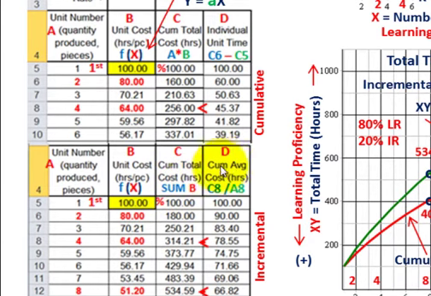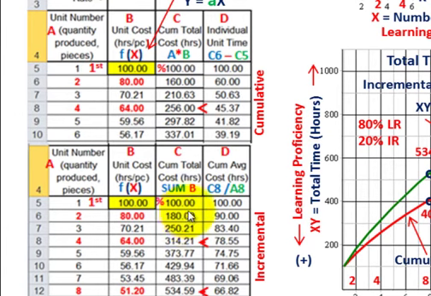And then for our cumulative average cost, or on a per unit basis, with this incremental model, you just take whatever your cumulative total cost is for each of your units and divide it by the number of units. So let's look at C6.